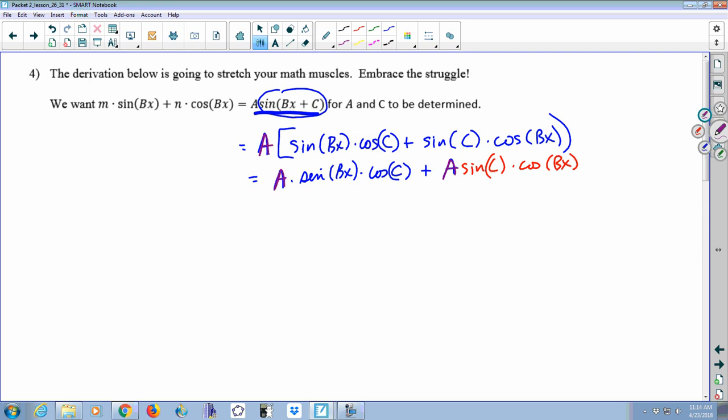Okay, so there we go. We're trying to show that this right side is equal to this left side. So let's put the left side in now, right at this point. We've got m sine of bx plus n cosine of bx.